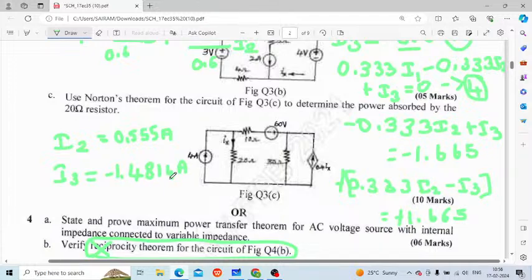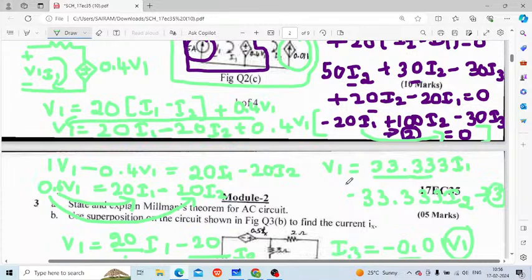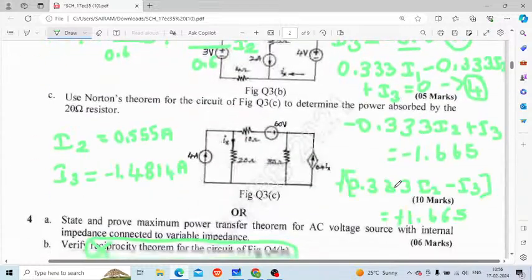Now, how do we get V1? V1 has come here, so do we have to find V1 again? Yes, you have to do it. You know what I3 is. I3 is equal to minus 0.01 V1, right? I'll just write that also, see here.